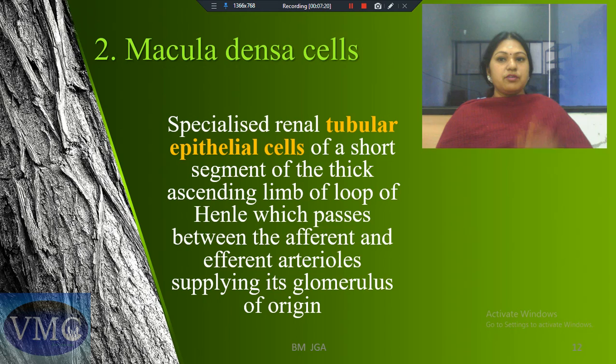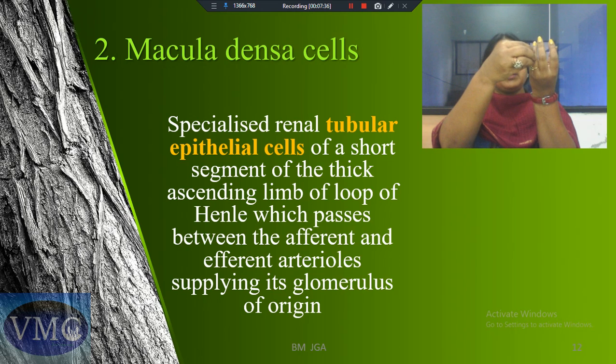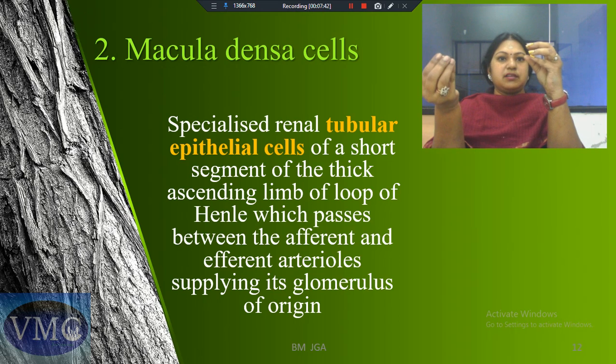So if here is your nephron, this is the glomerulus, this is the whole nephron limb. So the thin descending limb is there, thin ascending limb is there, thick ascending limb. When it comes out, it is having a contact with the head of the glomerulus, and then it forms your collecting tubules.